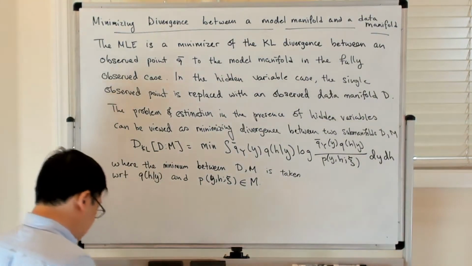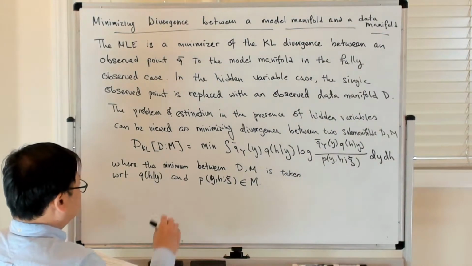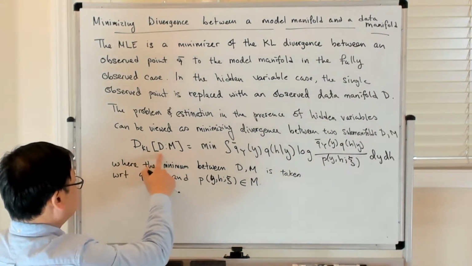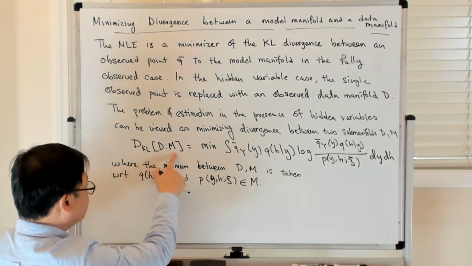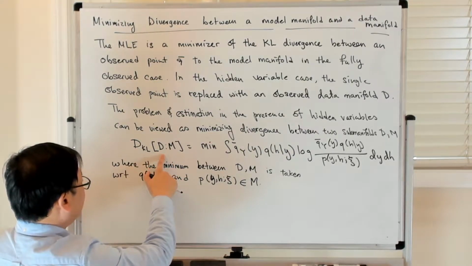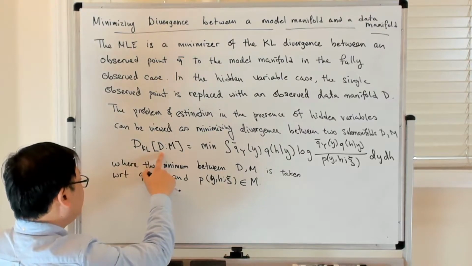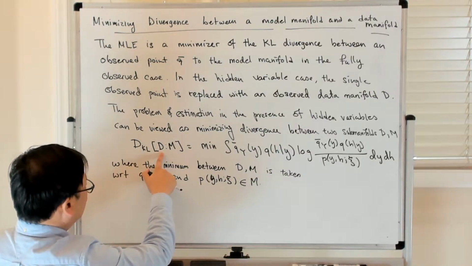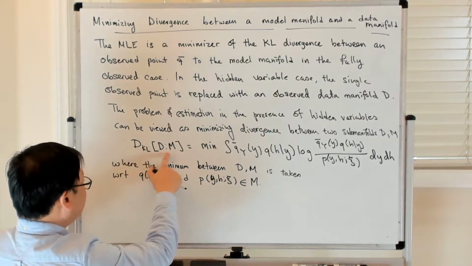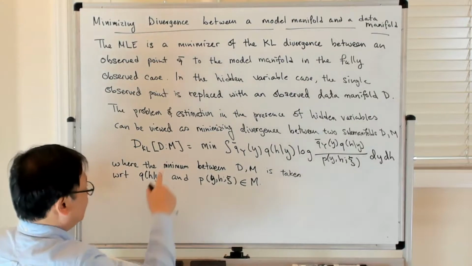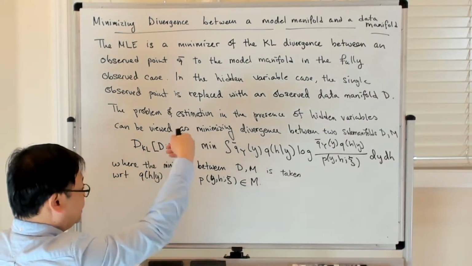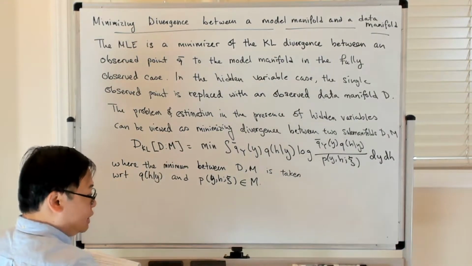Anyhow, there's this idea of taking the divergence between two manifolds. Previously we talked about how if you have a single point in a manifold, you can do either E or M projection of that point onto a submanifold.